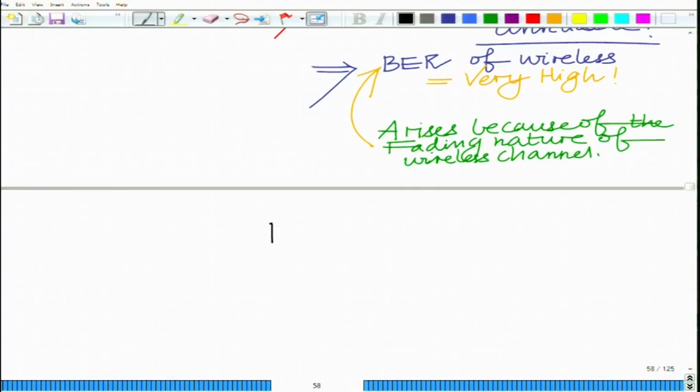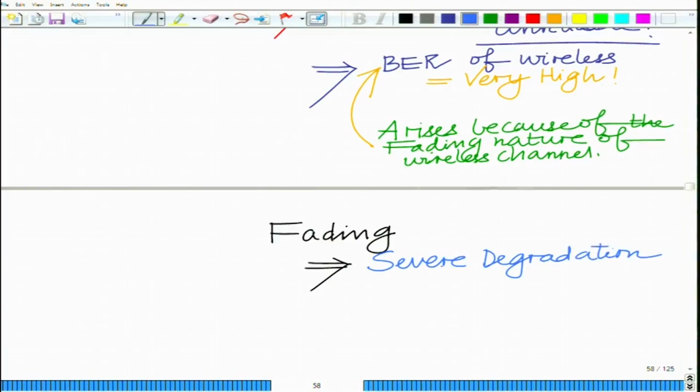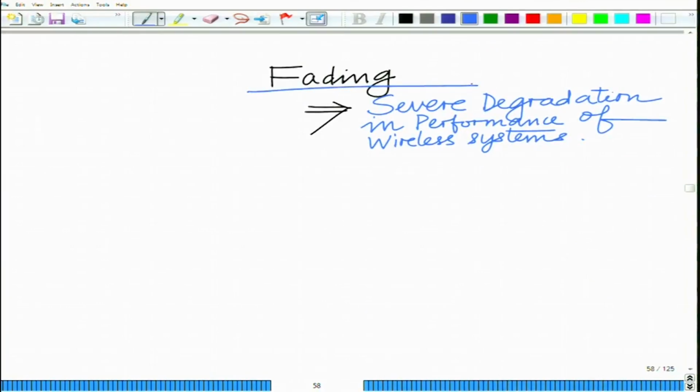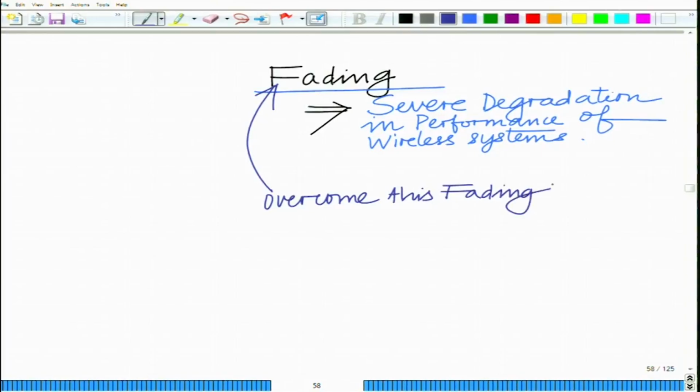So, fading is basically a challenge in wireless communication, and one has to therefore overcome or surmount this fading nature.